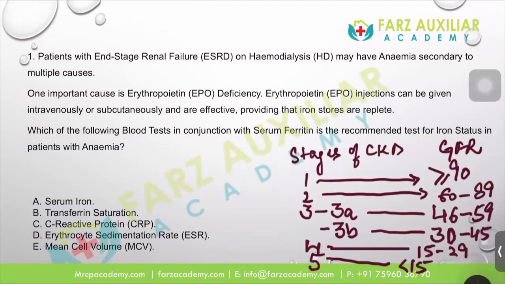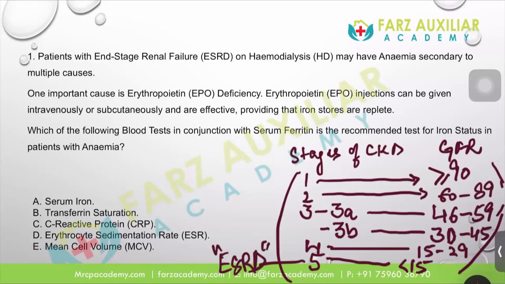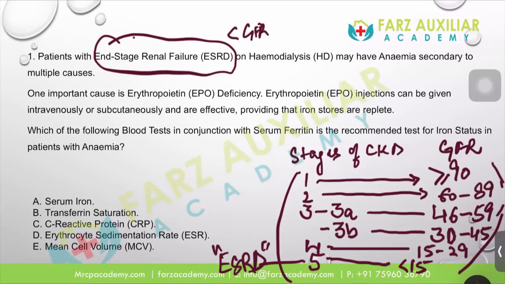Rightly said, eGFR or GFR less than 15 constitutes end-stage renal disease. So immediately when somebody says ESRD, your mind should say that yes, GFR is less than 15.